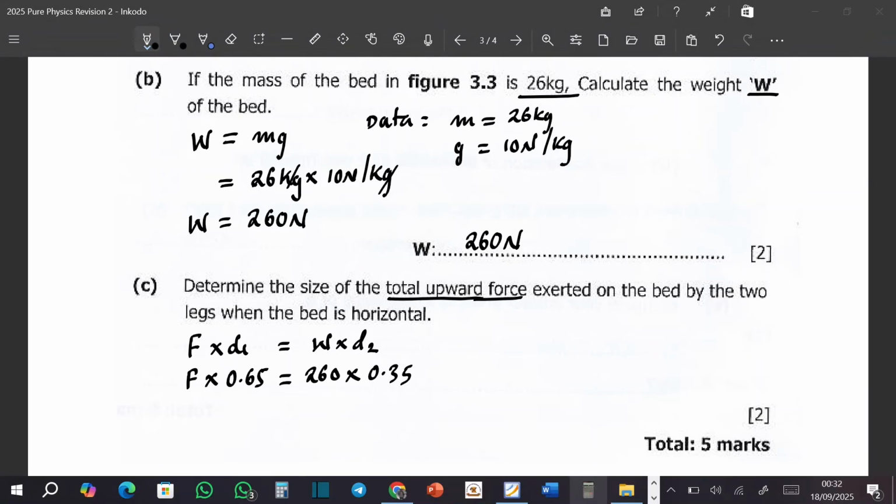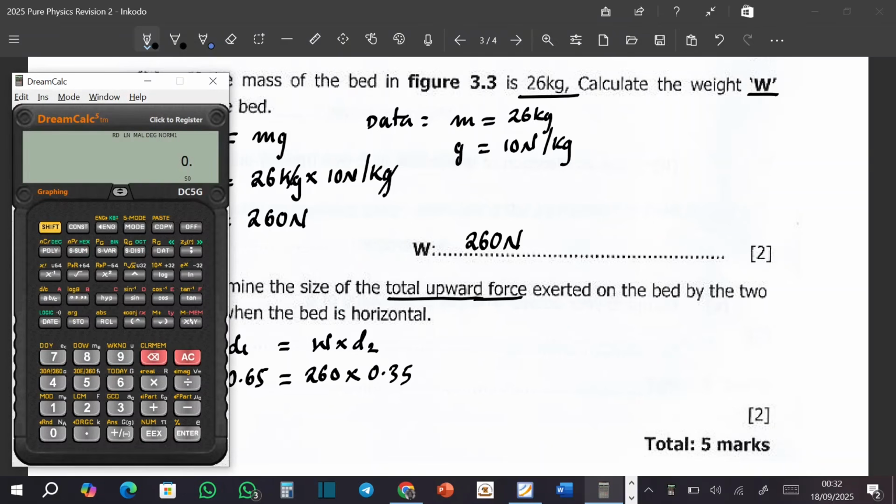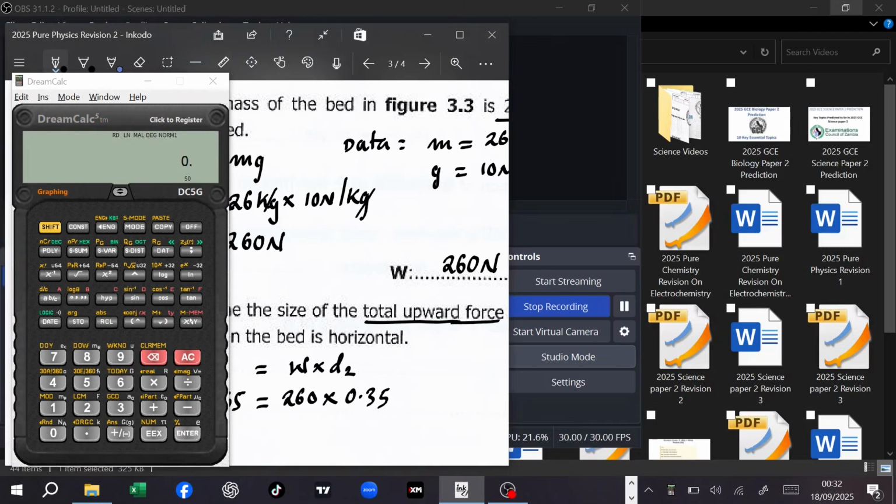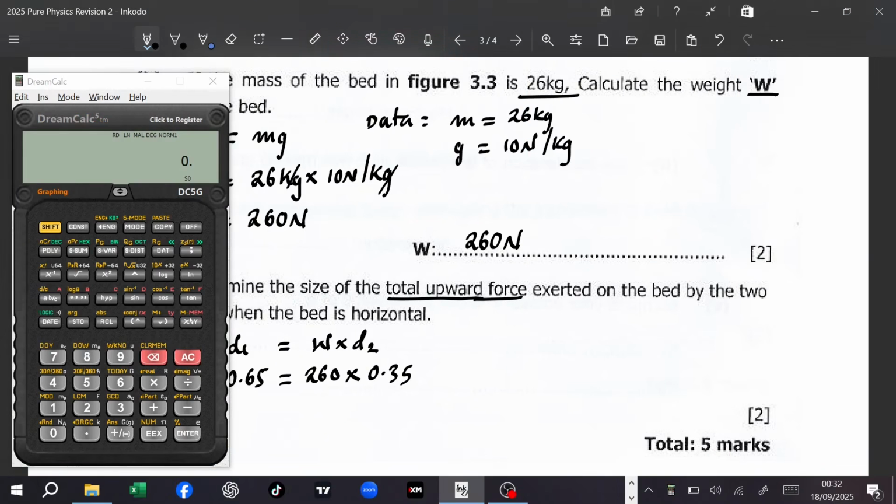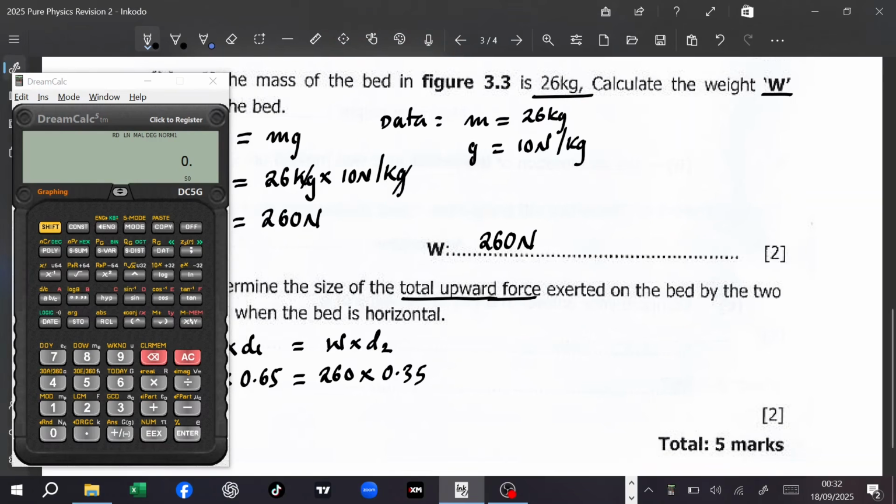I just want to get a calculator so that we can see if we can find the answer. So now what we are going to do is this.